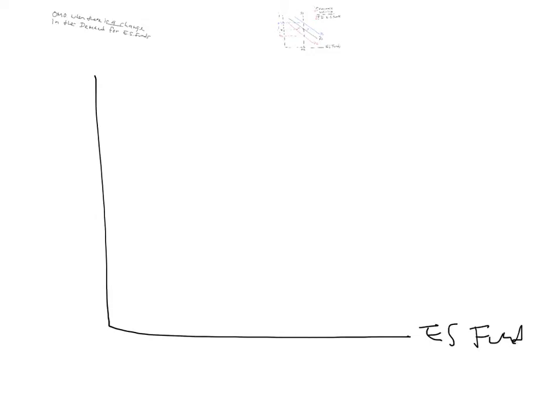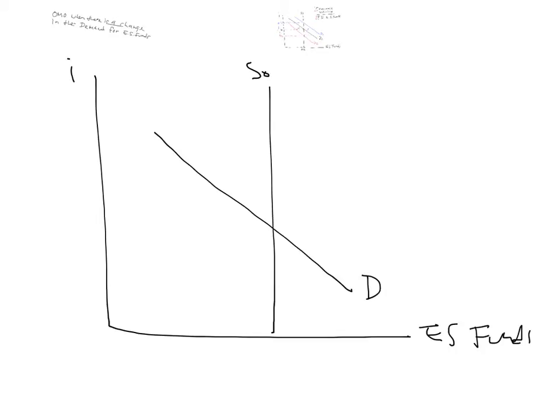Let's go back to the first situation where there is an increase in economic activity. You've got your exchange settlement funds, your cash rate, your supply, your original demand curve, interest rate I0, exchange settlement funds ES0.